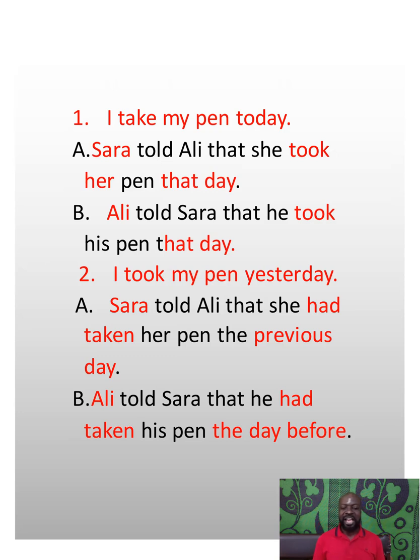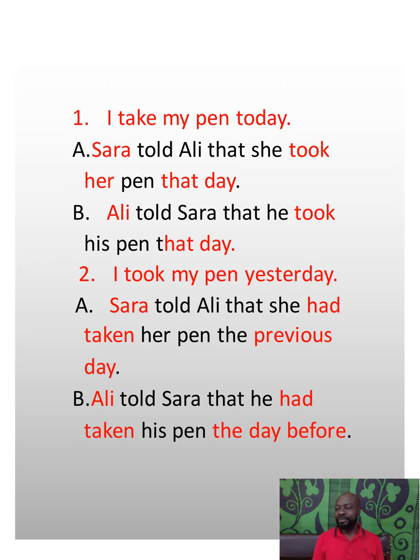A, Sarah told Ali that she had taken her pen the previous day. I have made many changes. What changes have I made? I changes to she. Why? Because Sarah is a woman.